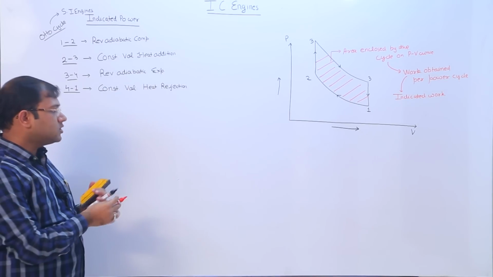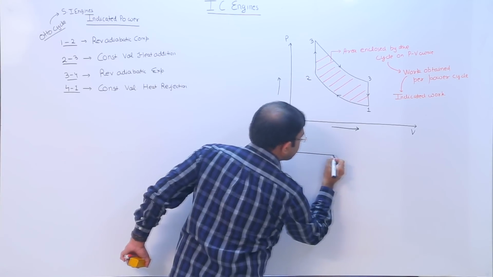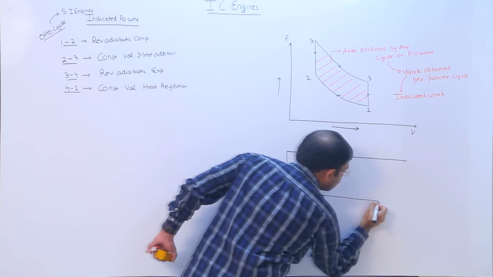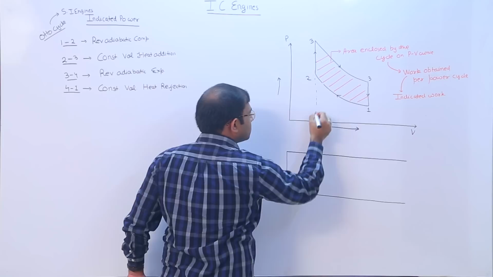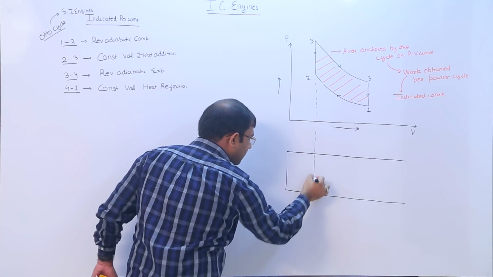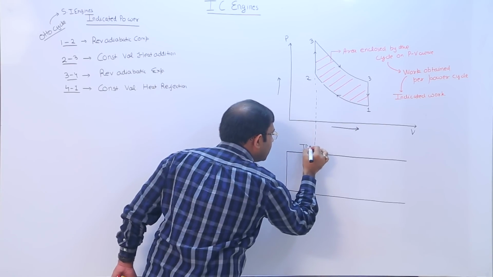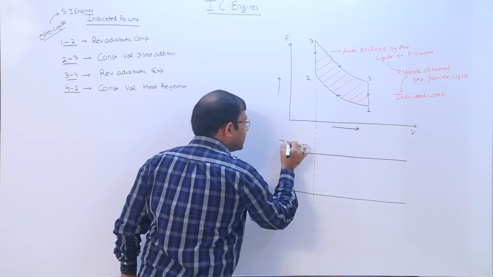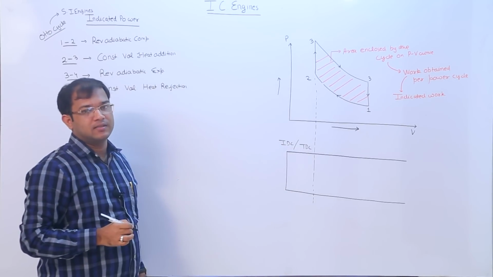Fine. Now see students, let this be our piston cylinder arrangement. This is nothing but our top dead center, or it may also be referred to as inner dead center in case of your horizontal cylinders.